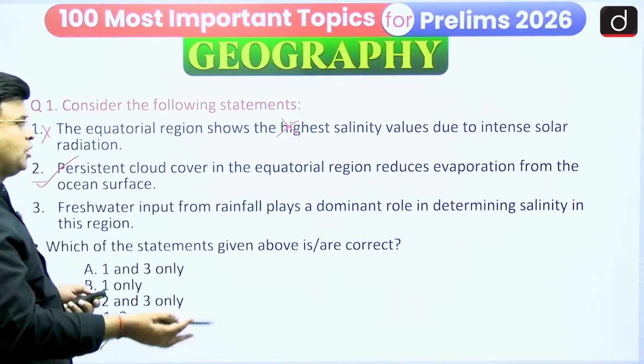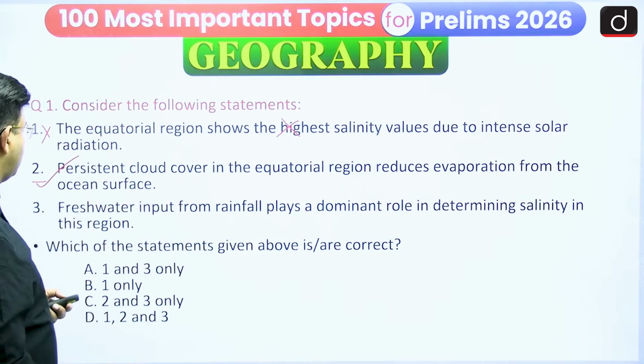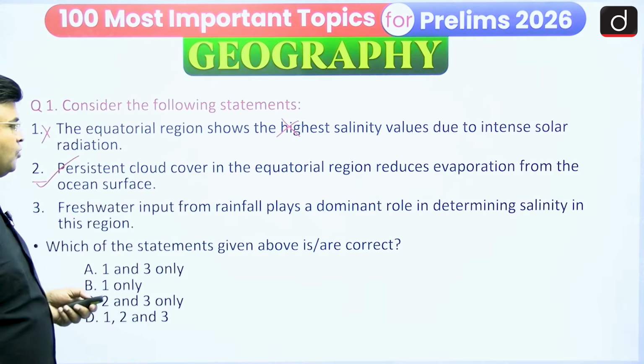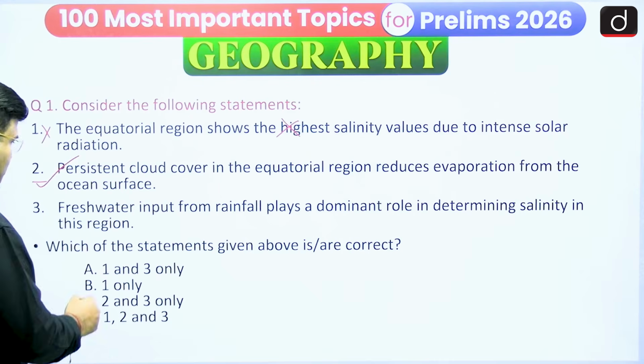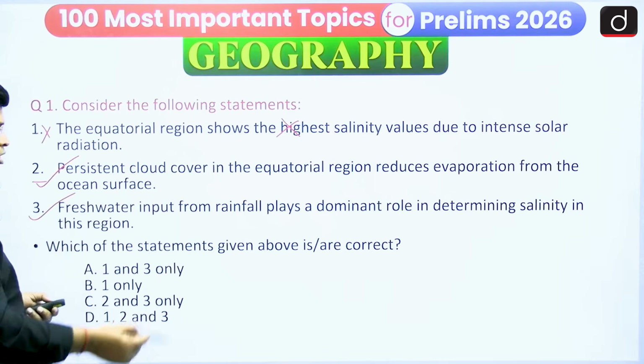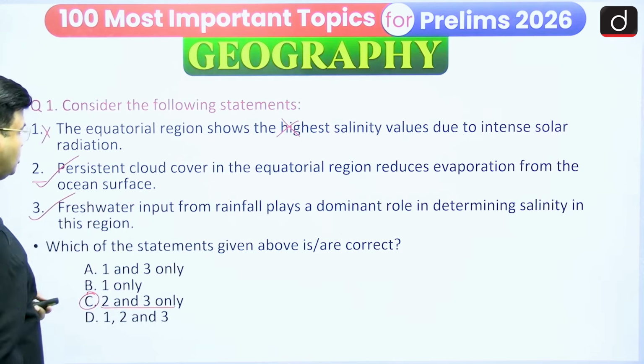Yes, if there is cloud, evaporation reduces, and therefore salinity is also less. Third, freshwater input from rainfall plays a dominant role in determining salinity in this region. Yes, freshwater mixing reduces salinity. So option C, 2 and 3 only, is correct.